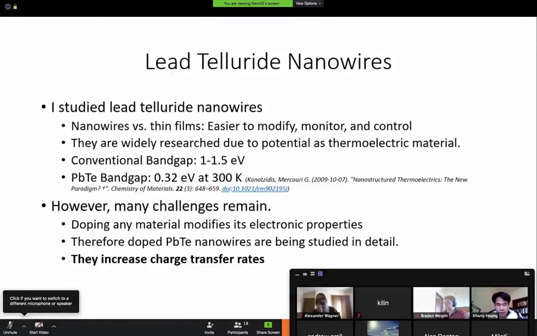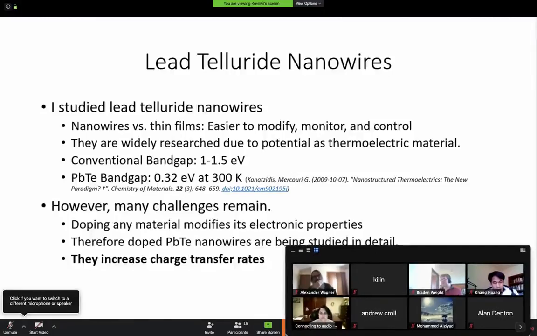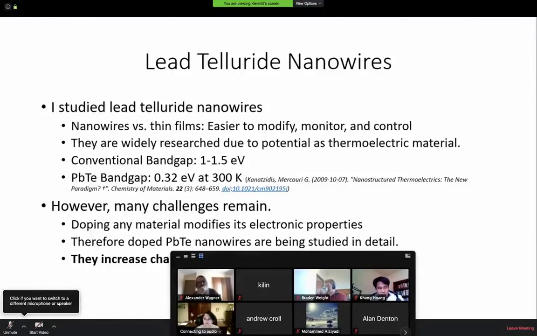Okay. So many challenges remain. Even though there's a lot of potential, researchers have found it very difficult to actually apply lead telluride nanowires to typical semiconductor applications.